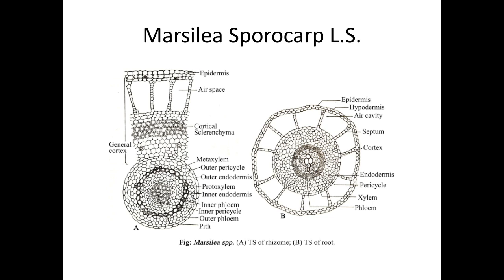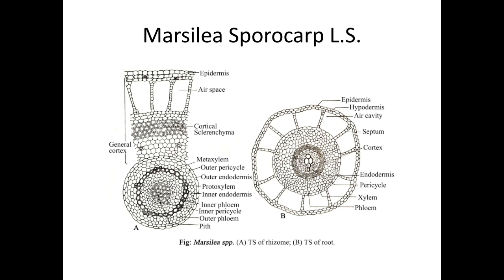Now within the stele, pith is present at the center, which is parenchymatous. Then the pith is surrounded by inner endodermis. Then inner phloem. Then the xylem. Then xylem is surrounded by the outer phloem and the outer endodermis.